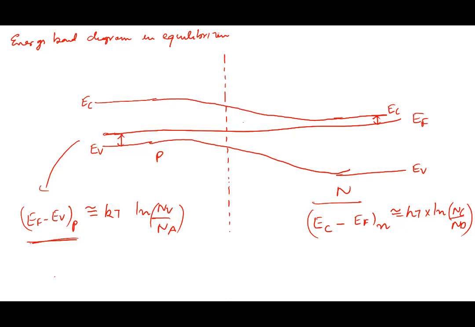So what do I understand? The electron density is reducing. Because remember, n equals NC e to the power of minus (EC minus EF) by kT. So as you go from here, you find the electron density is reducing.